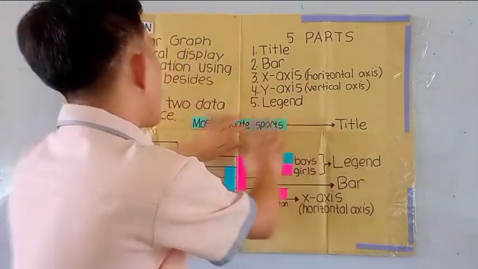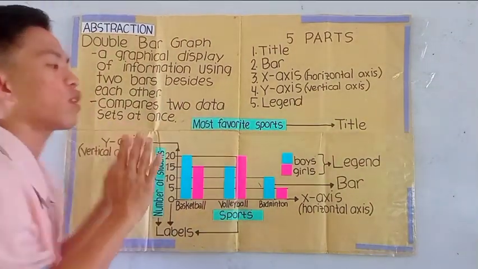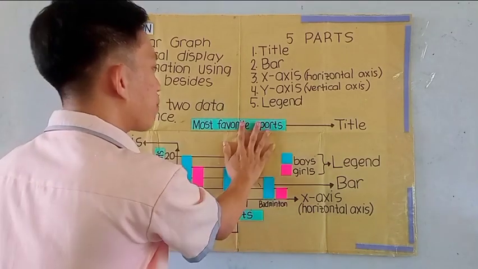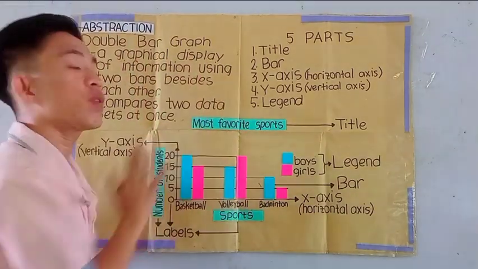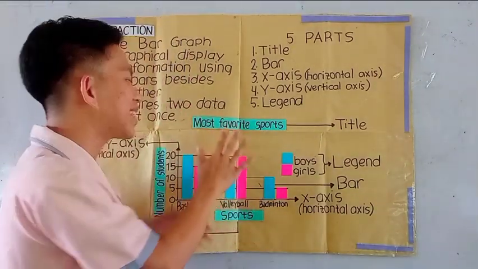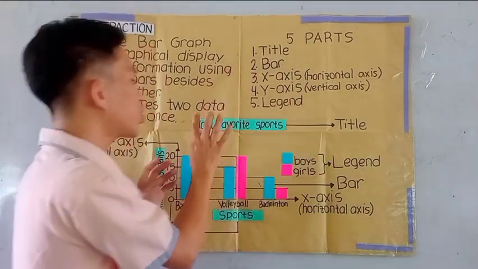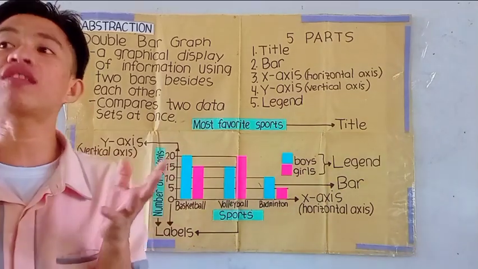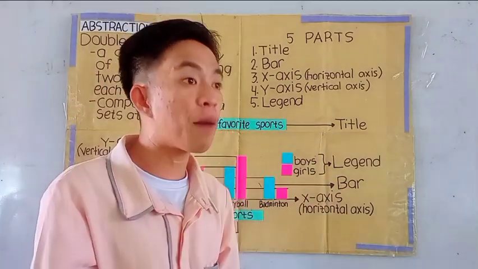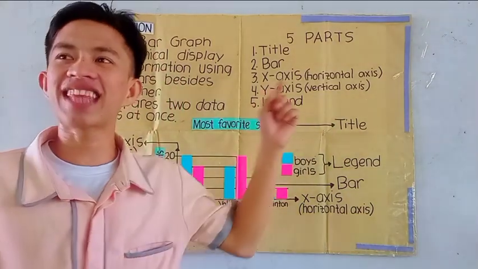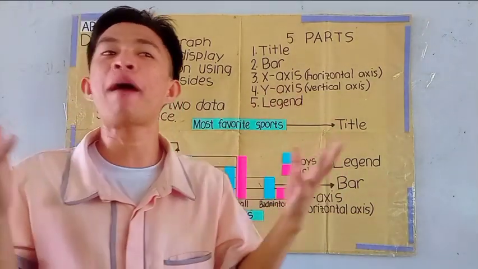For this moment, you're going to identify all the parts that can be labeled in a double bar graph. I have here a graphical display of a double bar graph as an example to present this tabular form. As you can see at the top of the example, we see most favorite sports. When you see this phrase or statement at the top, it is correct, the title, which tells what it is all about.